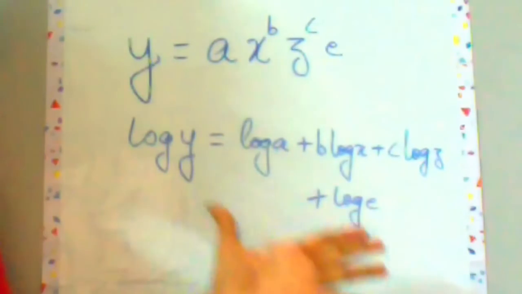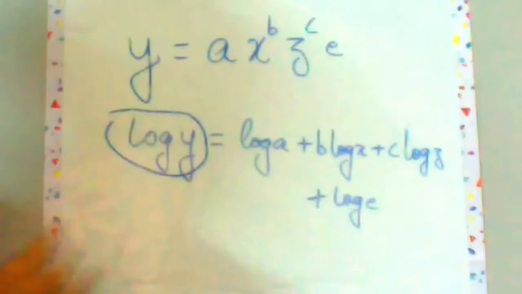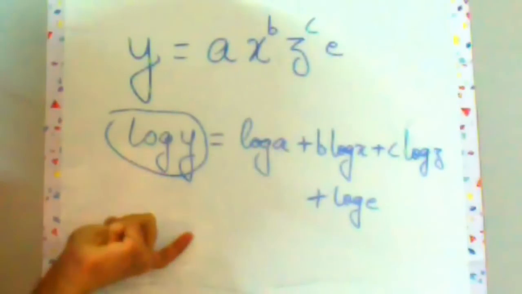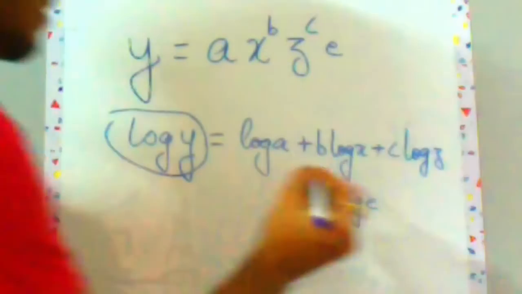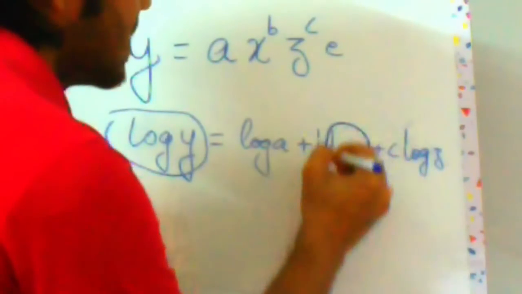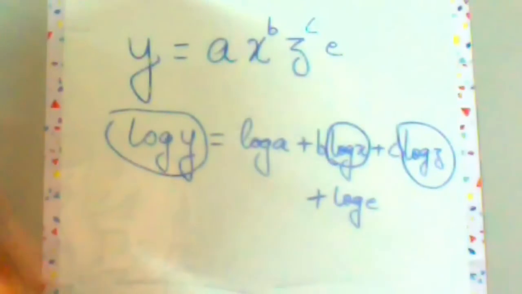If you look at this equation carefully, log y is going to be your predicted variable, and this predicted variable is dependent on log x and log z, and that too in a linear way.